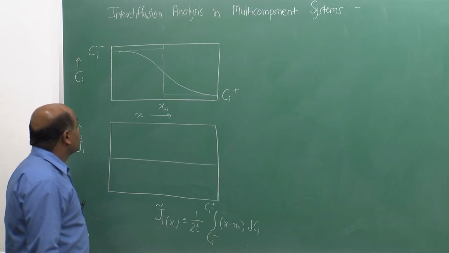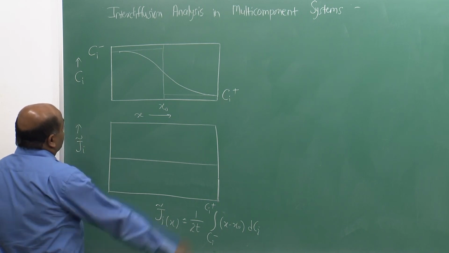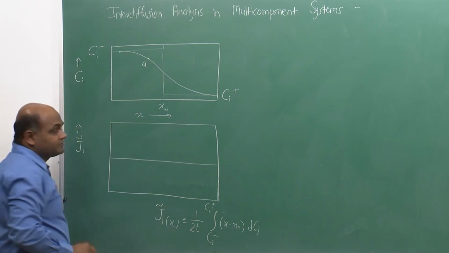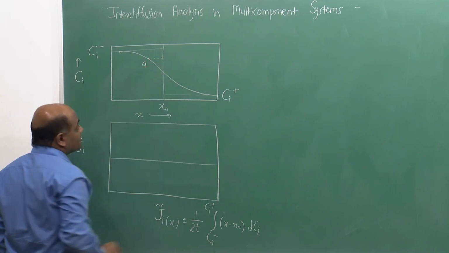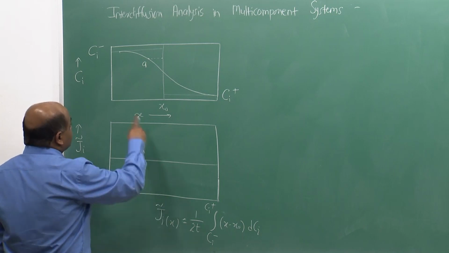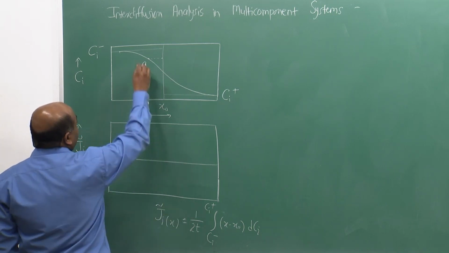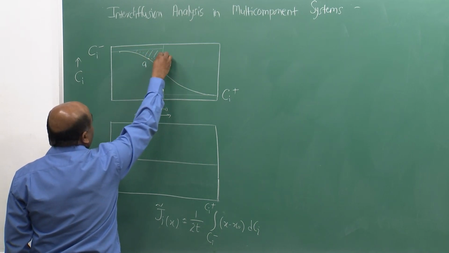So, if we consider any location, let us say A here, this flux will be 1 over 2t times the area under the curve. So, this will be the area that we need to determine.